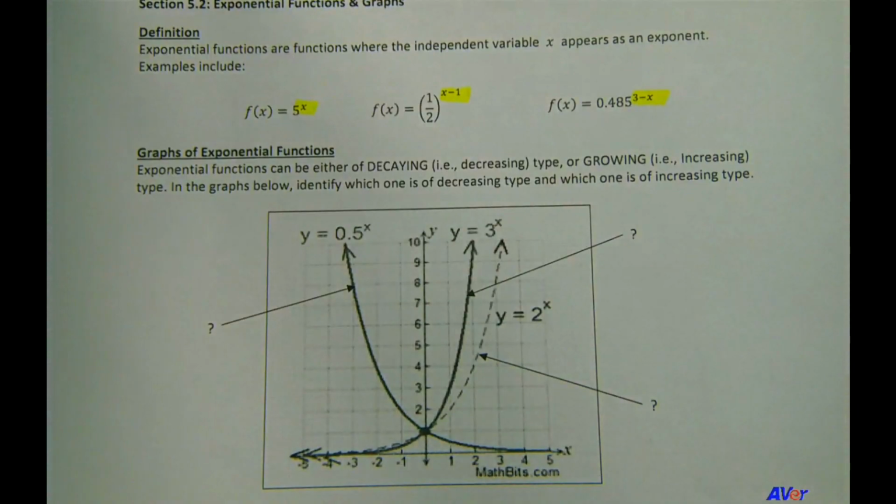The graphs of exponential functions fall into one of two categories. For example, with respect to quadratic functions, do you remember the graph is always like a right side up bowl or an upside down bowl, otherwise known as a parabola?